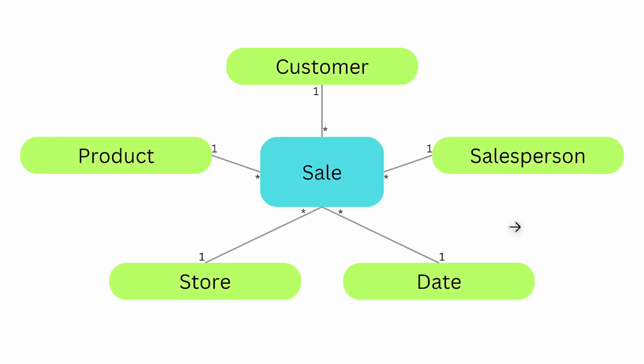So the fact table will probably have many, many more rows in it than the dimension tables will have, because the fact table acts as a running record of all the various sales transactions that occur for that business across all their stores, all their salespeople, all their customers, and all their products across their many years of operation.